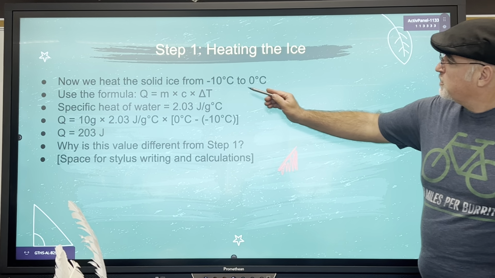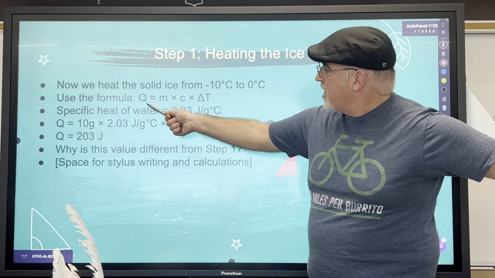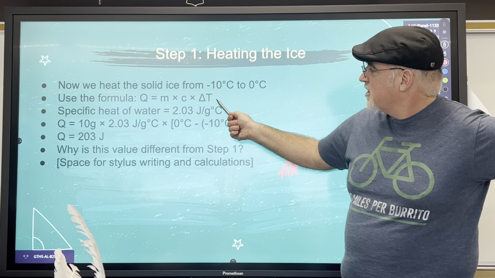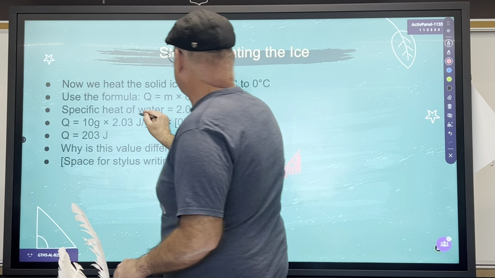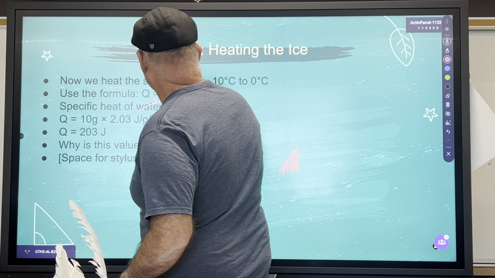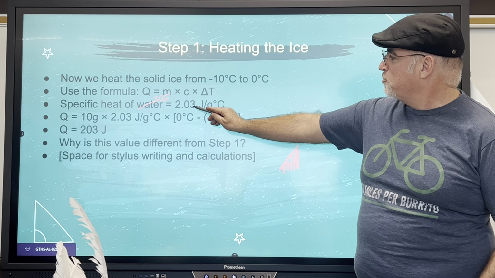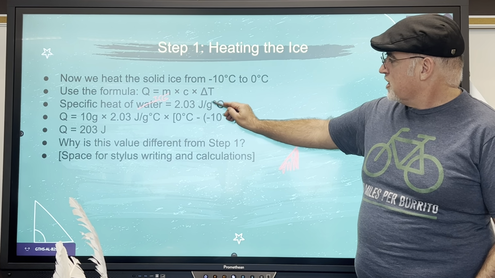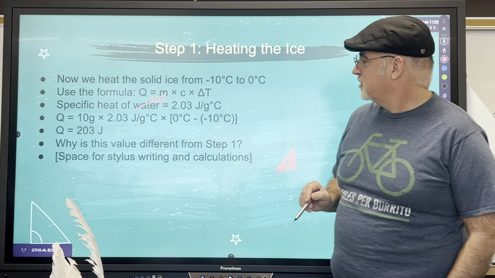We're going to use the same equation, Q equals m c delta T, but look at the specific heat of ice. I should change this. This is ice. The specific heat of ice is 2.03 joules per gram per degree Celsius.